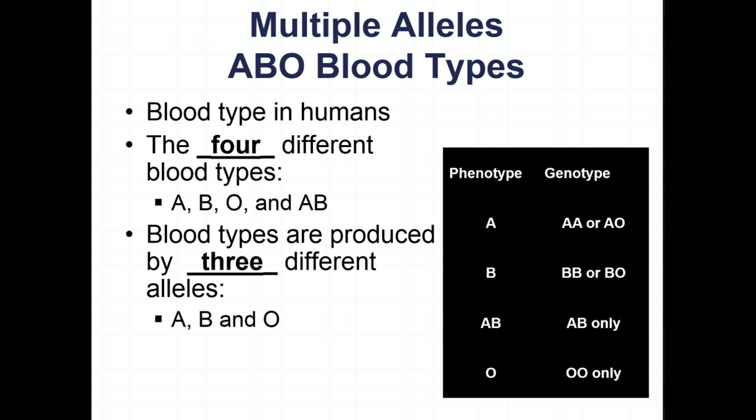With blood typing in humans, there are 4 different blood types. They're called type A, type B, type O, and type AB. There are 4 different blood types and 3 different alleles. So remember, Mendel stated that there only are 2 alleles for a given trait. However, we now know that while an individual may only have 2 alleles, there can be more than 2 in the population.